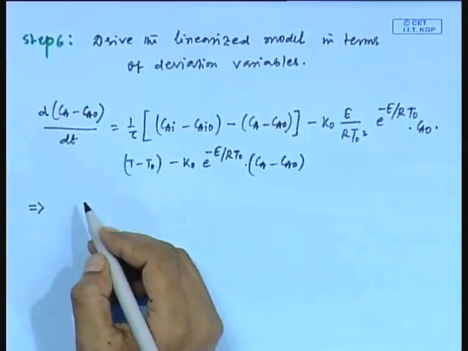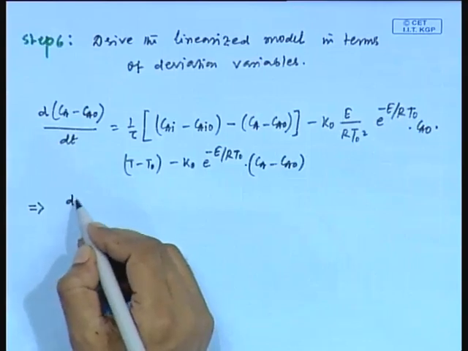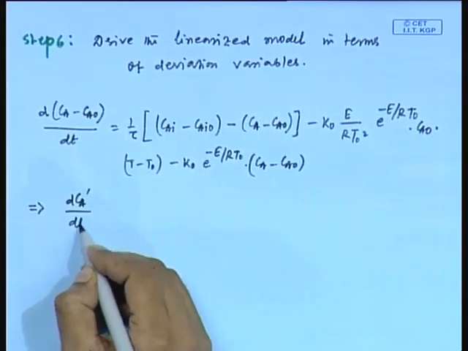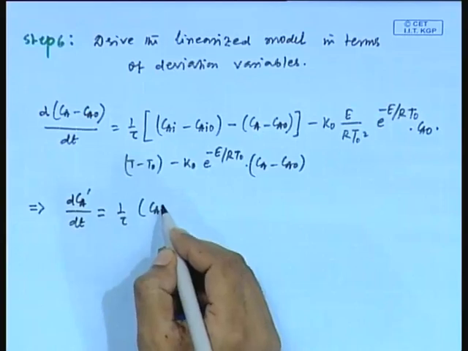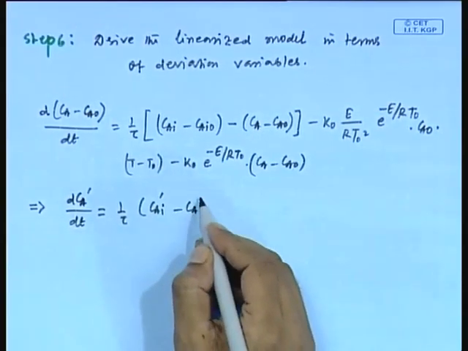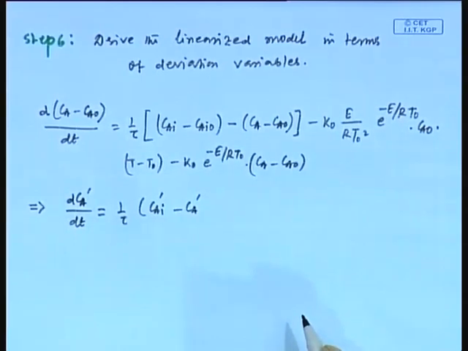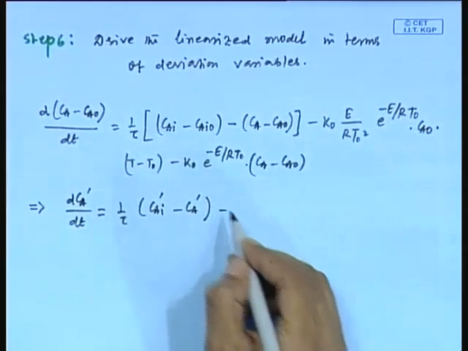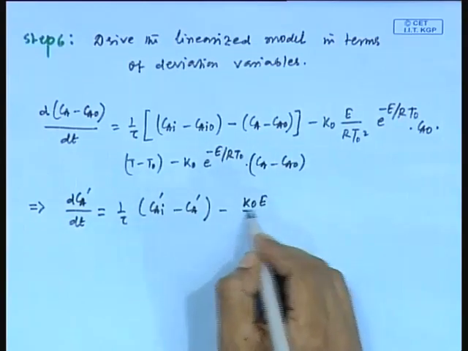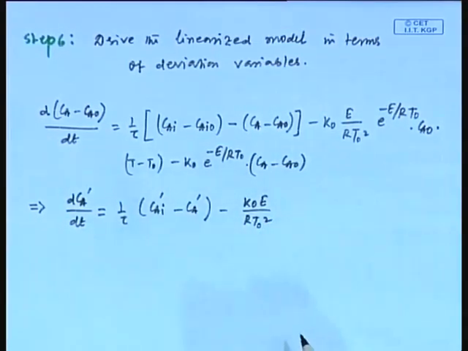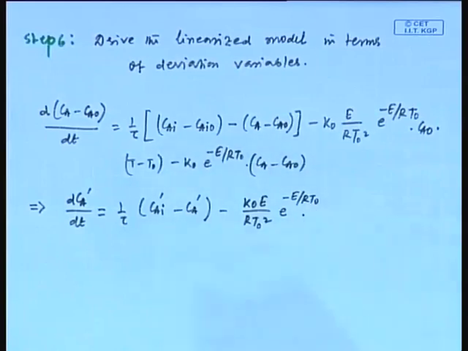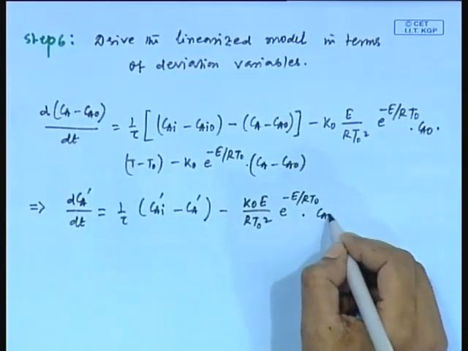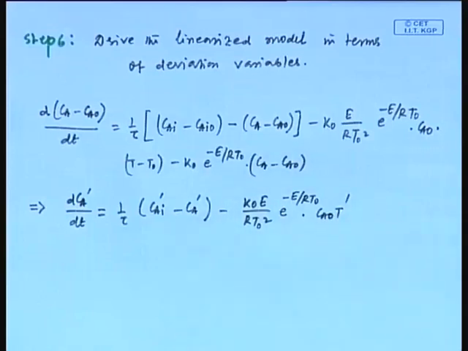So, we will represent this in terms of deviation variables. So, what will be that? d C A prime dt equal to 1 by tau, C A I prime minus C A prime, minus k naught E divided by R T naught square, exponential of minus E divided by R T naught, C A naught T prime.